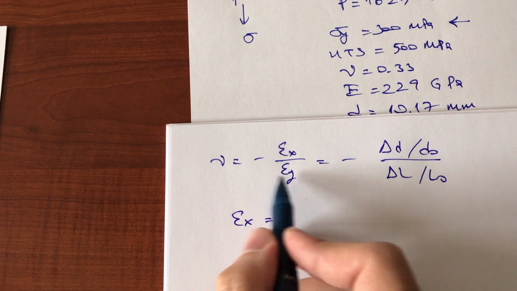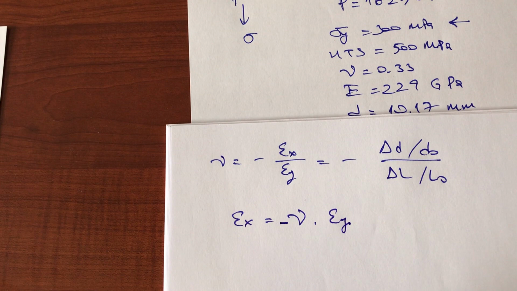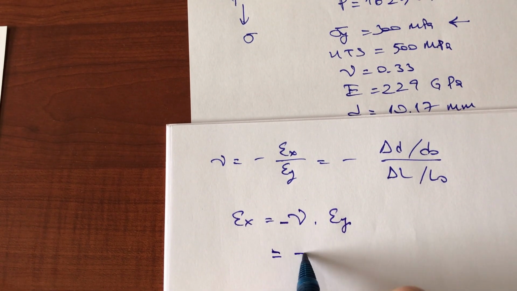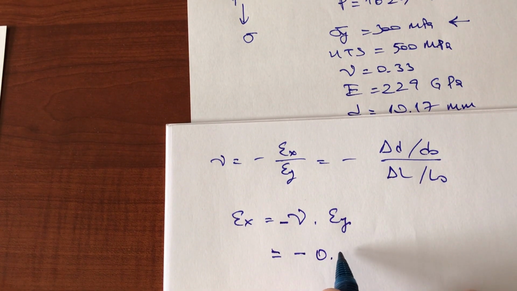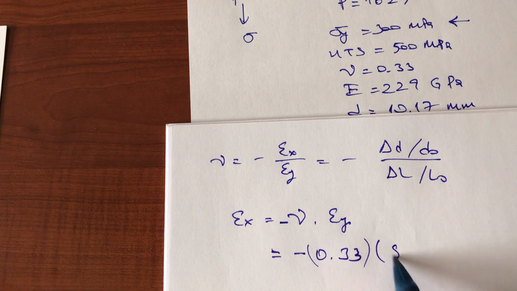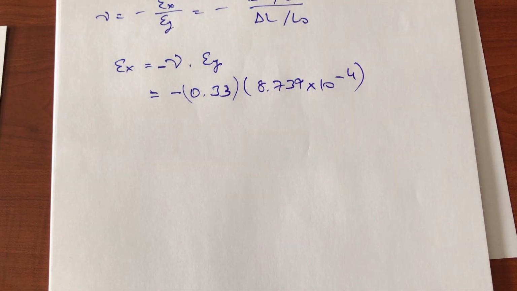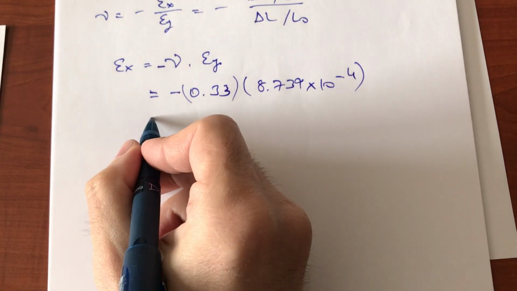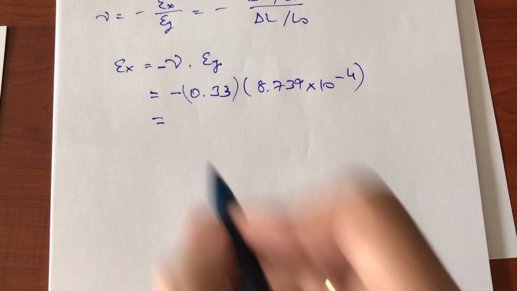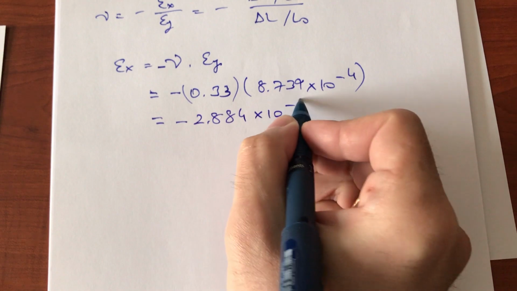Epsilon x is going to be Poisson's ratio times epsilon y with a minus sign, minus 0.33 times 8.739 times 10 to the power minus 4. If you calculate this, it's going to be minus 2.884 times 10 to the power minus 4.